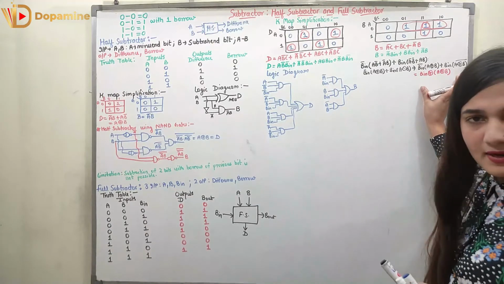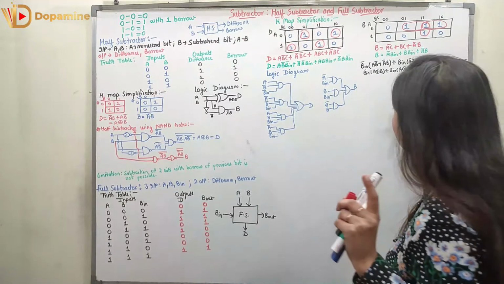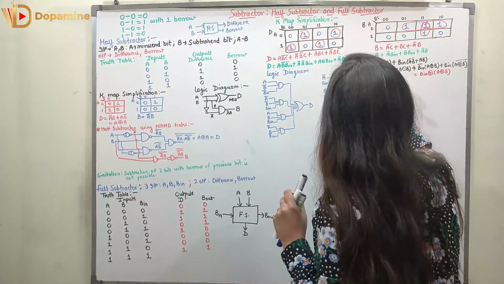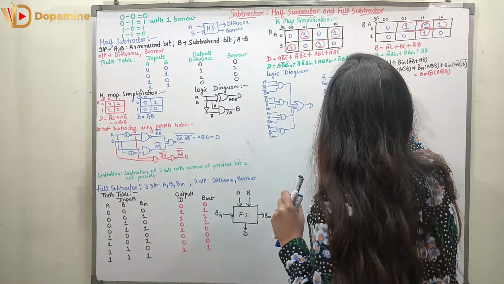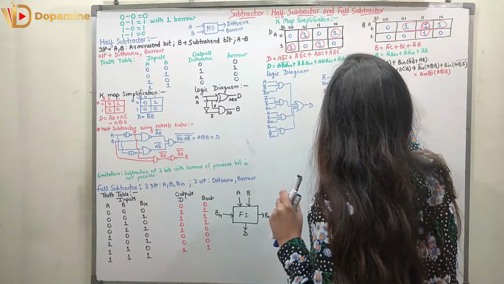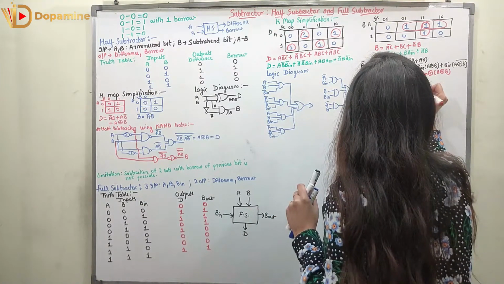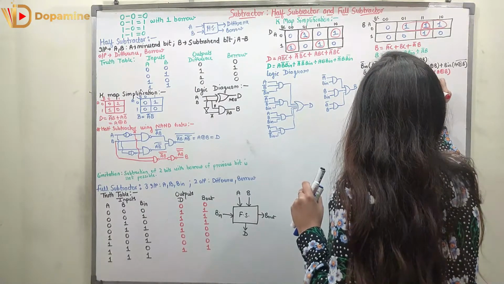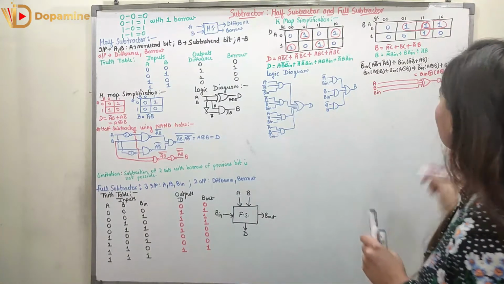So it was the same as we had done the calculation for the sum in the previous case for the adders, right? Now for the logic diagram, if I have A, B and B in, all of them I am going to send to an XOR gate, right? Here I will get the difference.